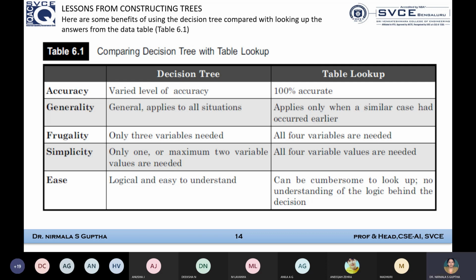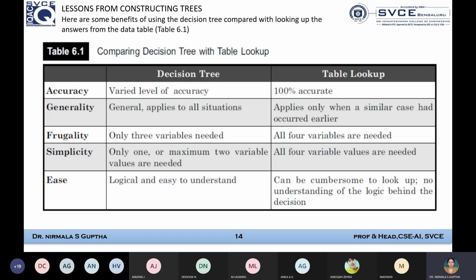The data set is given. The problem is given. What is the first step? Outlook is an attribute in our data set.